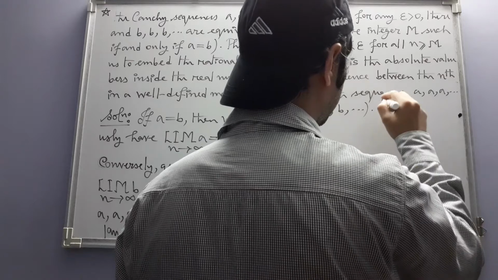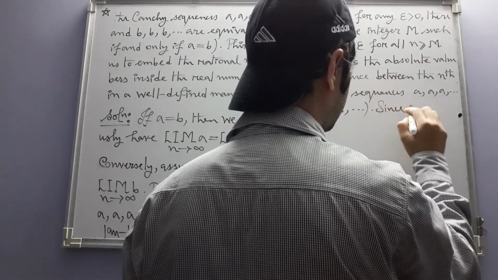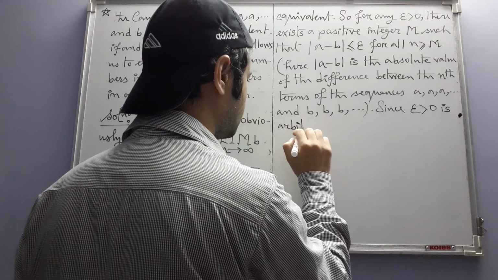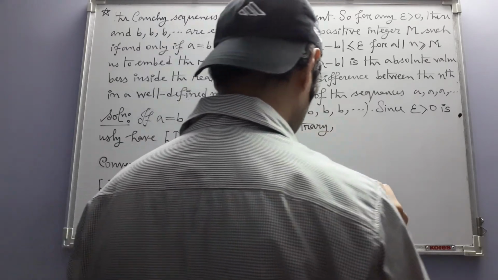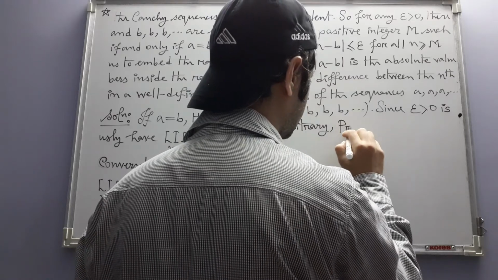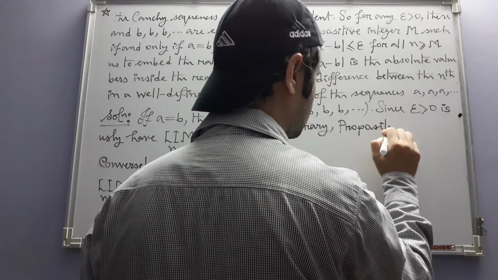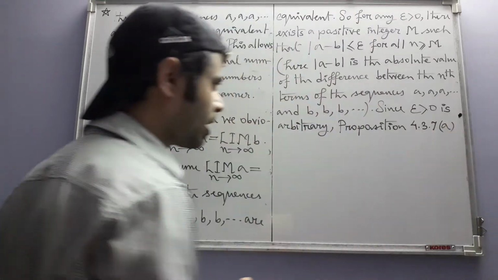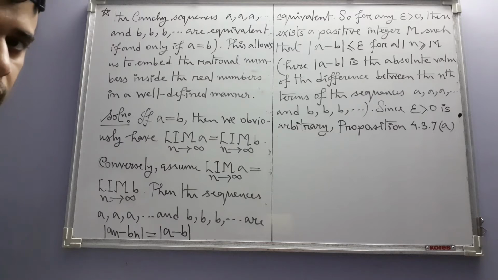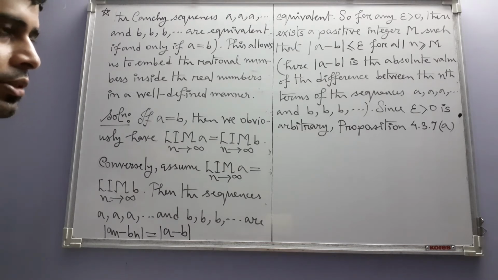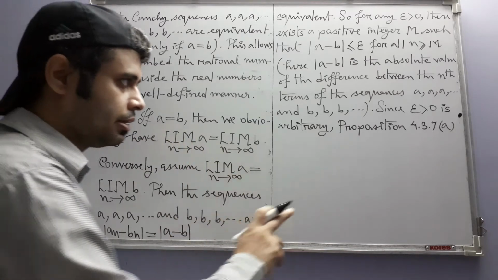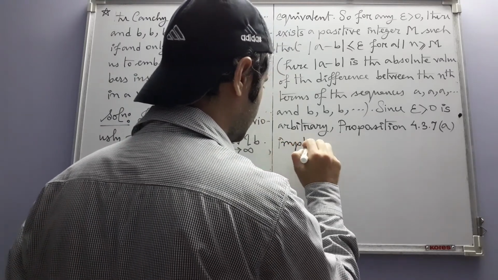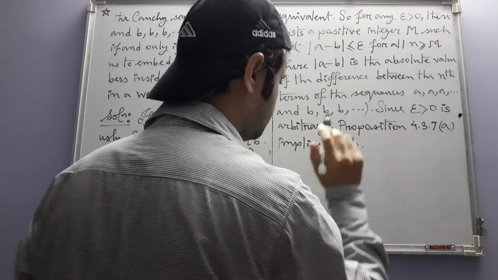So from this inequality, since epsilon is arbitrary, by proposition 4.3.7a, that part A in the 4th chapter, which has many parts each saying something about the absolute value function and distances between two rational numbers, this implies A is equal to B.